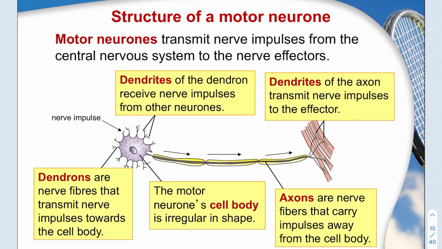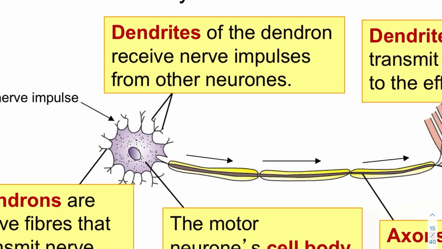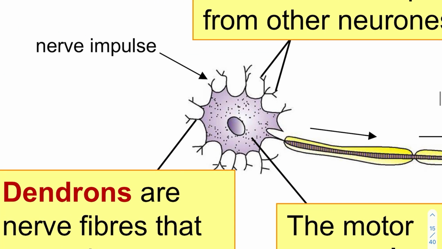So when we look at the structure of a motor neuron, the motor neuron transmits nervous impulses from the central nervous system to the nerve effector. As we can remember, the central nervous system is either your spinal cord or your brain. And when we look at it, these are the different parts of the motor neuron, where at the end of the cell body there are two portions.